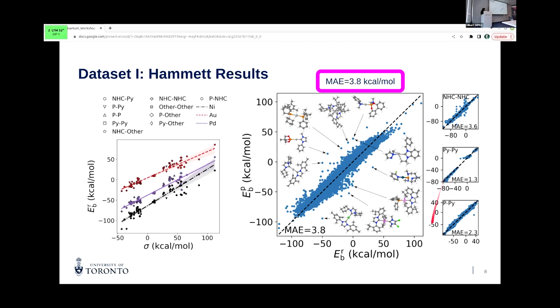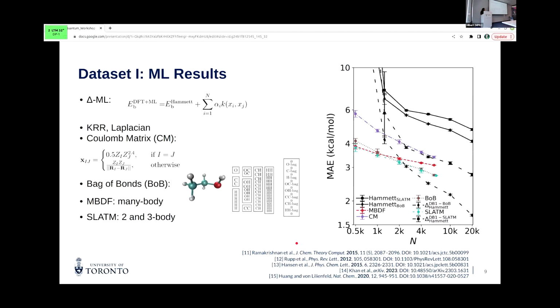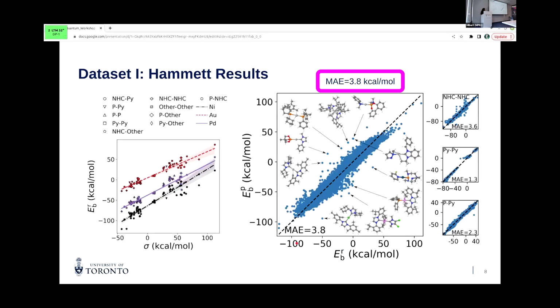So that's remarkable. Also, even the 3.8 is remarkable, given that the energies range from -100 to 100 kcal per mole. Also, what we've noticed is that most of the outliers are silver-based, and the silver-based complexes are usually overestimated.